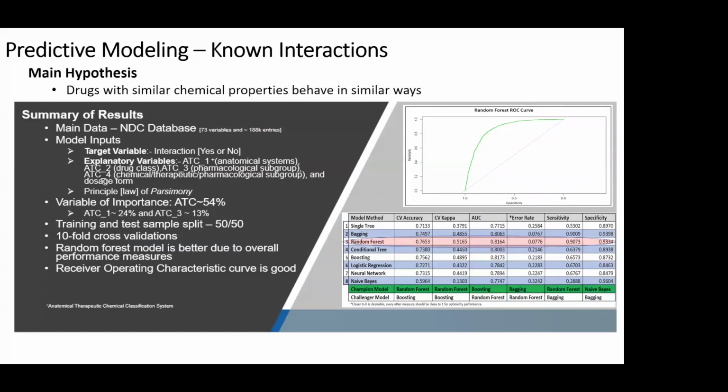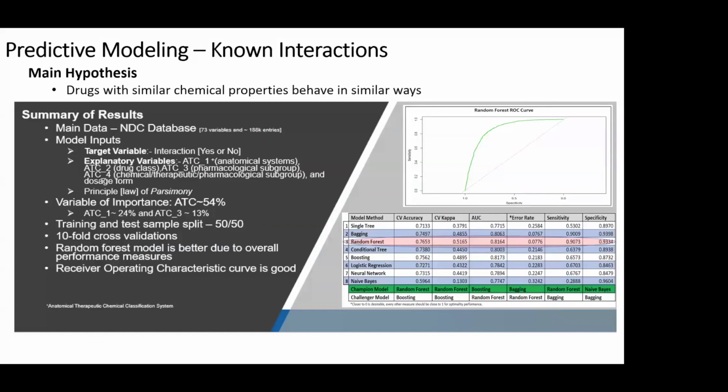The final model we came up with after doing every map reduction includes our target variable of interaction, which is yes or no. So we have individual generic name drugs, and then we tag them with interaction, yes or no. And then for the explanatory variables, we decided to decompose our ATC code.